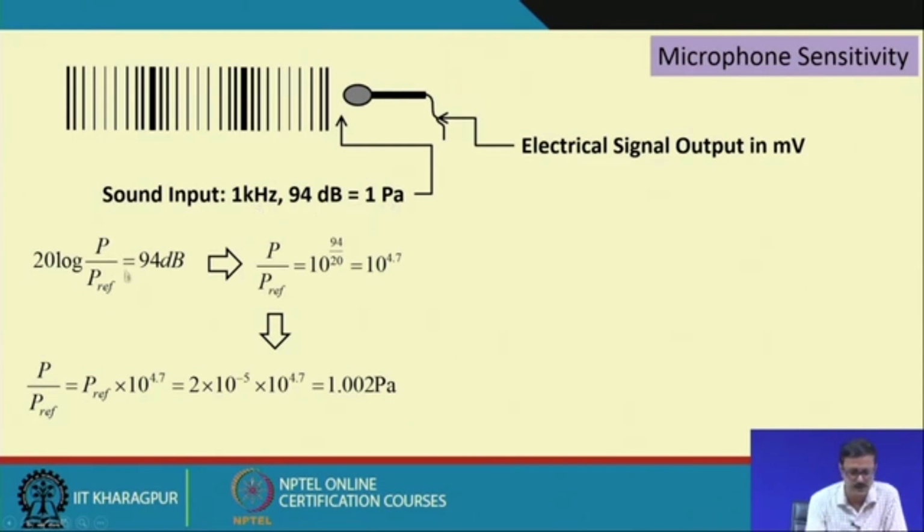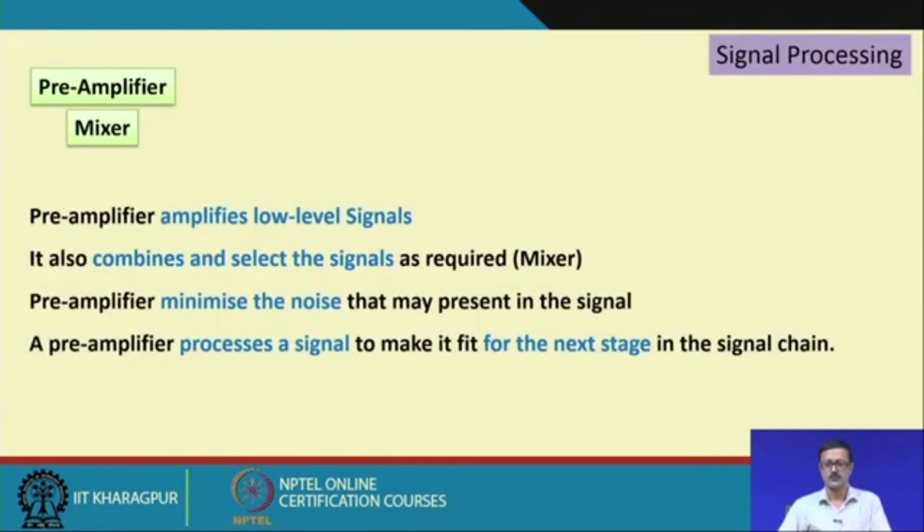I have just calculated with this formula, 94 dB is 20 log of the pressure ratio, and if I rewrite this equation, I find that this P, which produces 94 dB, is nothing but almost 1 Pascal. So, a 1 Pascal sound pressure is generated very near to the microphone, and you find out how many millivolts are output on an electrical impulse recorder. That will be the sensitivity of the microphone.